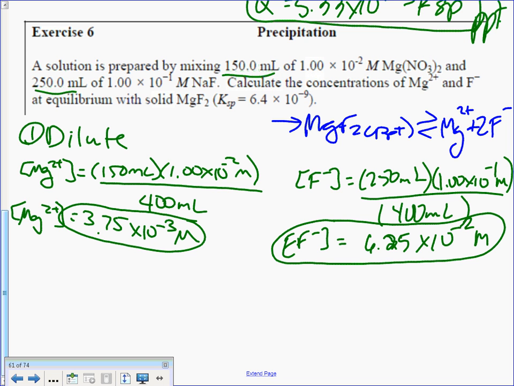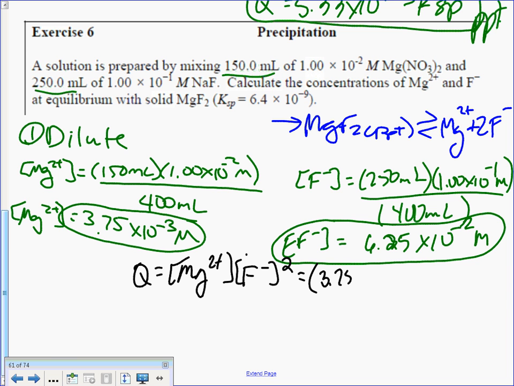Next step. Let's calculate Q. And we're going to compare that to Ksp and figure out which way it proceeds, right? So Q, and the expression for this is concentration of magnesium times concentration of fluoride squared. Good. And so then we'll plug in values.